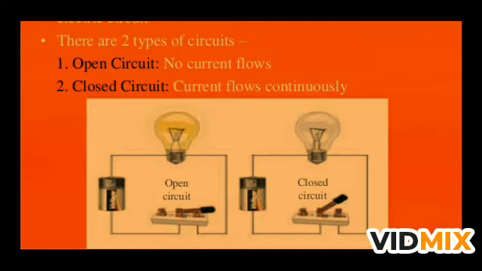In which the bulb glows, the switch is closed, it is a closed circuit, and in which the switch is off, it is an open circuit. Means in the closed circuit current flows, in the open circuit current does not flow. So the second figure is the open circuit and the first figure is the closed circuit. So when you draw it, you can change the name also.